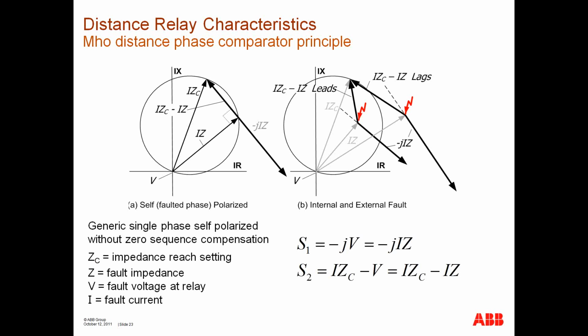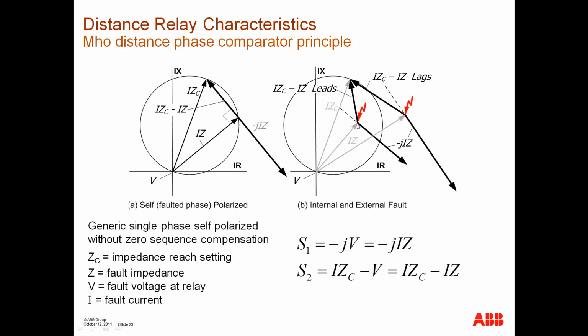I'm looking at a phasor that is defined by ZC, the compensator, minus Z. Of course, they're both multiplied times I. So I'm looking at that voltage phasor that's in this direction as defined at the edge of the circle. And I'm also looking at the fault voltage that, after being operated on by minus J, is in this direction. And as you can see at this point, they are 180 degrees apart.